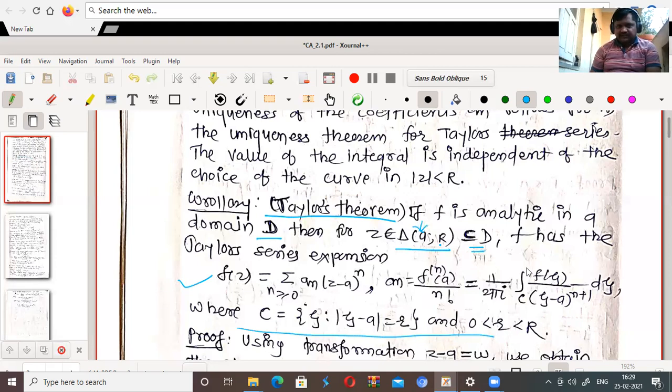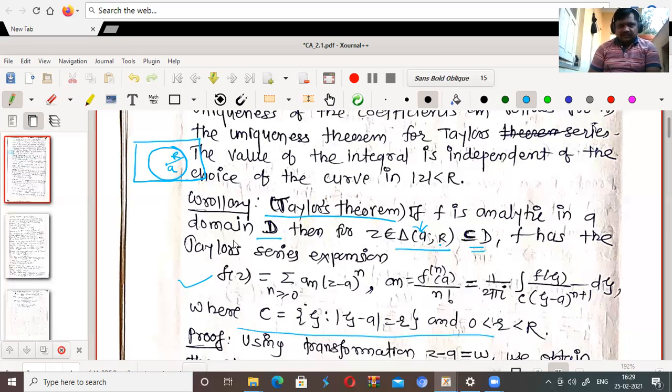Now what we are saying here is that it is a disk. If we have such a domain D, and a function is analytic in this domain, then for any z that lies in this disk having center at a and radius capital R, z is anywhere here.